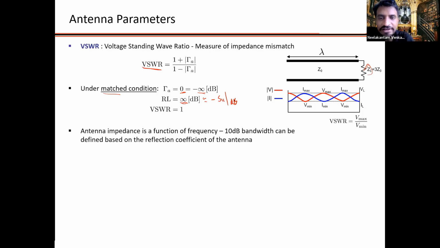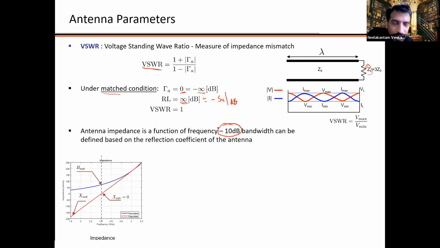Then we can go ahead and define what is called the impedance bandwidth. The minus 10 dB bandwidth defines at what frequencies I have a return loss better than 10 dB, at what bandwidth of frequencies. To figure that out, you can view the antenna impedance in terms of frequency versus the R, which is a function of omega, as well as X, which is a function of omega.